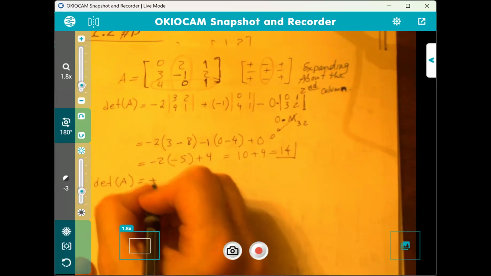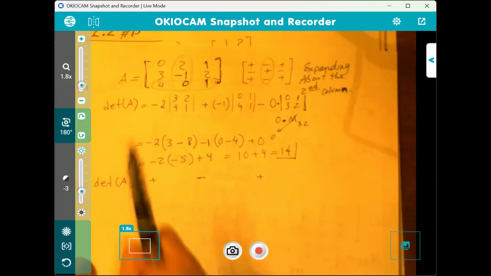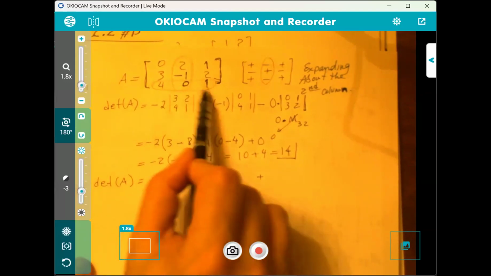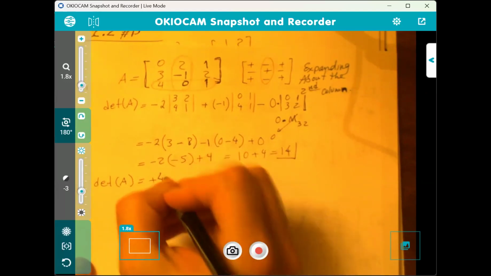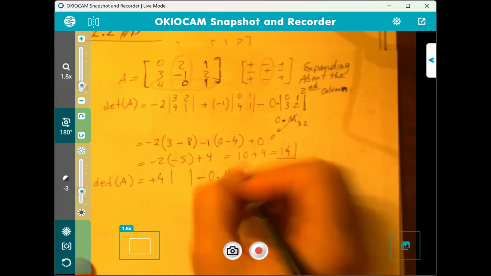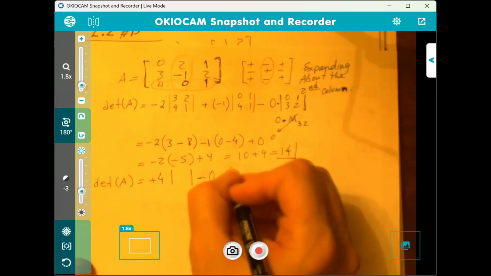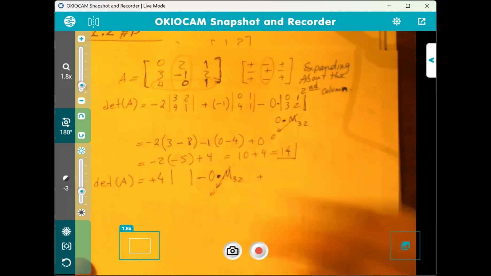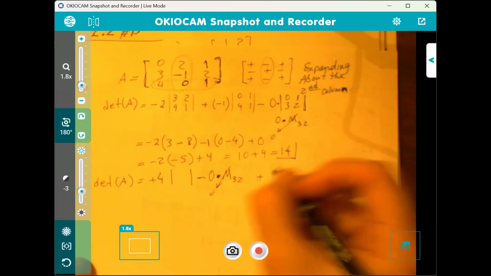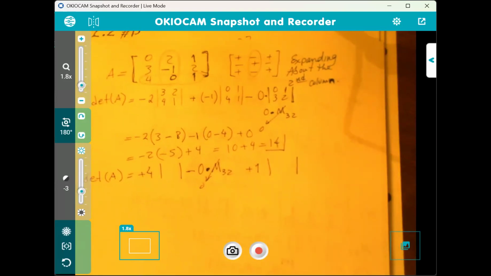So I'm going to go plus, minus, plus. The elements are 4, 0, 1. Here's 4, 2 by 2. 0, minor of third row, second column. This time I'm not even going to bother with this because product is 0. And then 1 times its determinant, its minor.